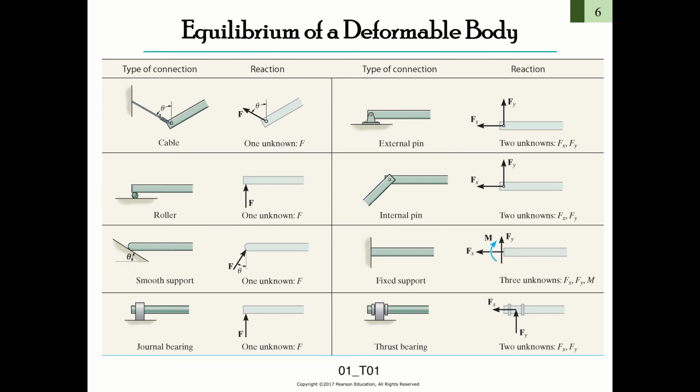So at this point, you have the vertical reaction force and the horizontal reaction force. And if this is the internal pin, if you see the boundary is pinned, you should think it has vertical and horizontal force.